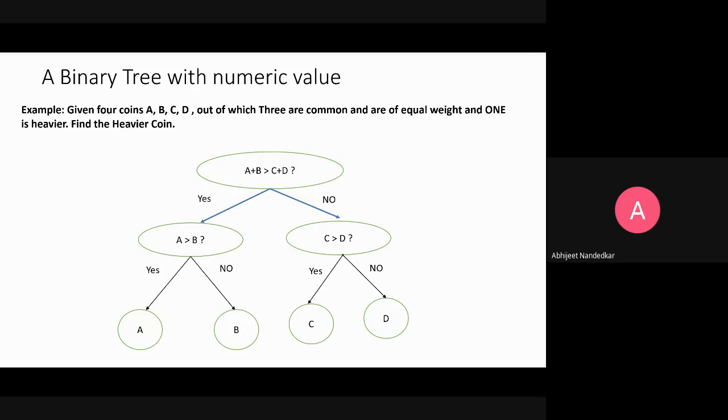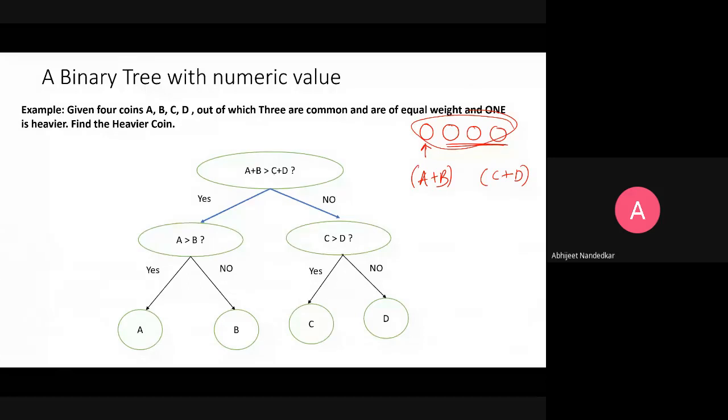So there are four coins, 3 are same and 1 is different, but they are mixed and we don't know which one is heavier. Now to find out which one is heavier, we can have a decision tree as shown. So what I do, I just call 4 coins as A, B, C, D. Then I take any 2 coins, say A and B, and then I take another 2 coins, C and D, and weigh them at a time.